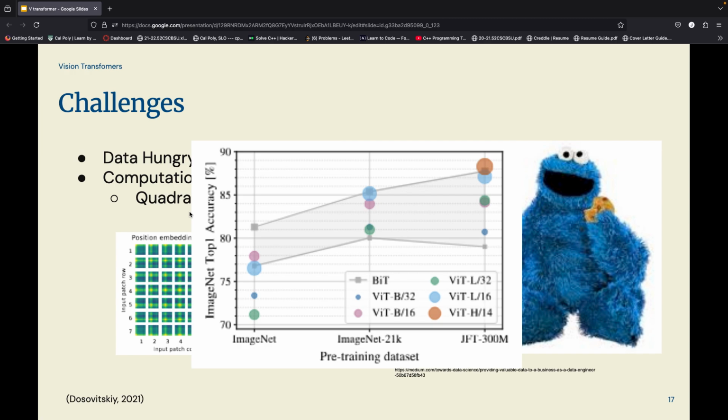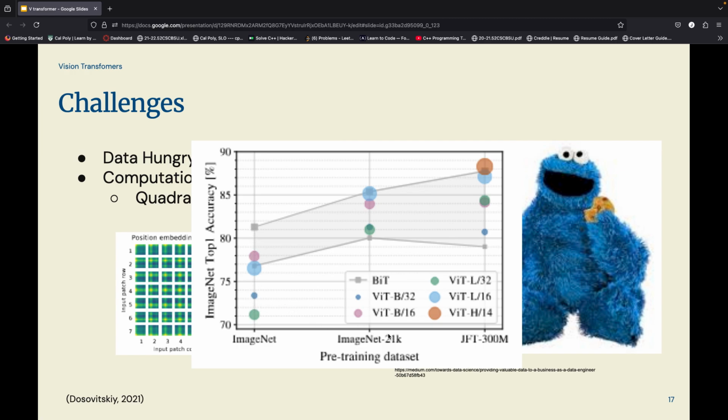And here's just another table that shows how, if we are trained on a very small data set, the regular ImageNet data set, BIT, the convolutional architecture I think, performs much better than the vision transformer counterparts.